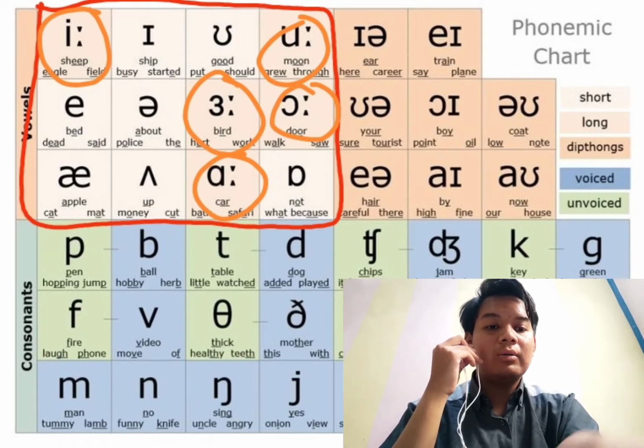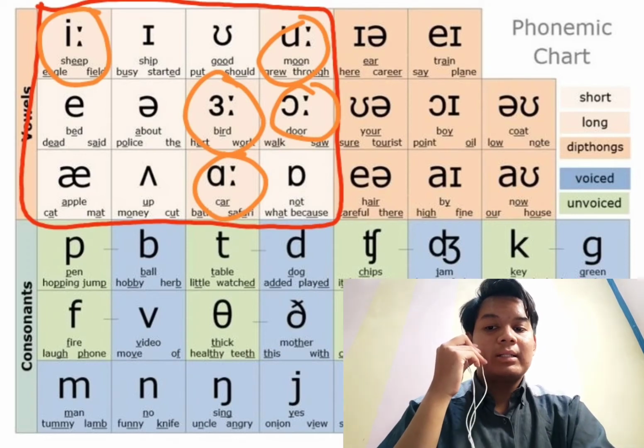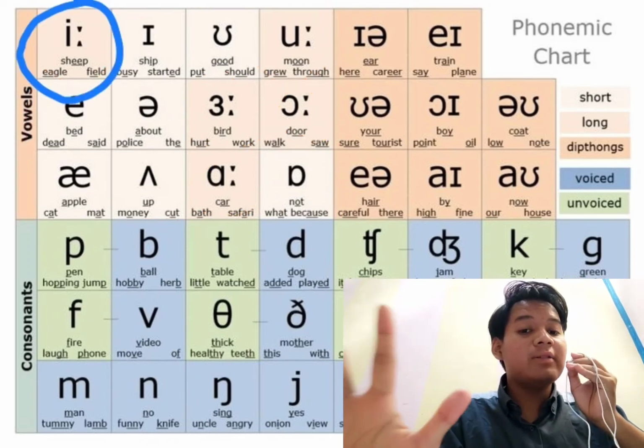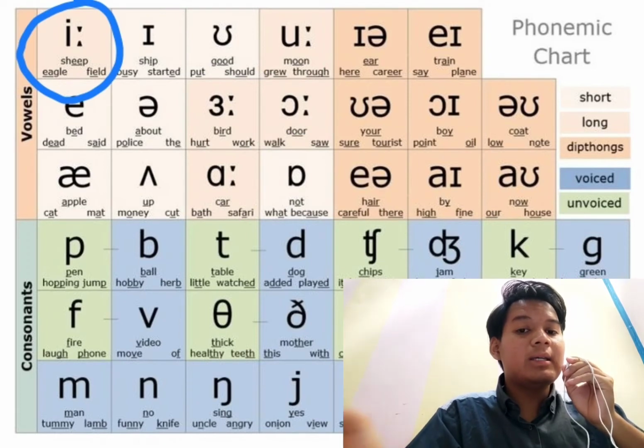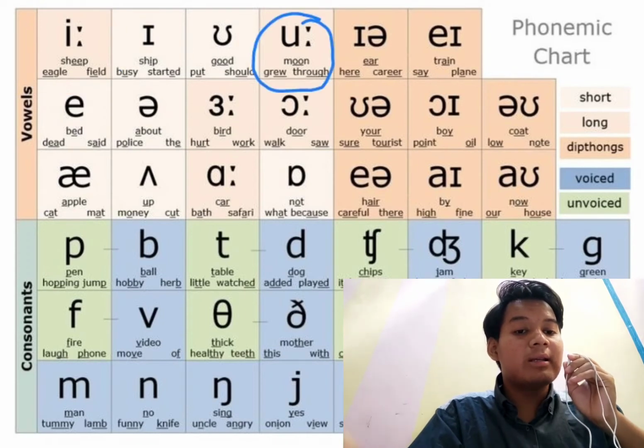Now I'm going to explain the long vowels. In long vowels, there are 5 sounds. The first is e. For example: sheep, beam, dean. Next, there is oo. For example: moon, grow.